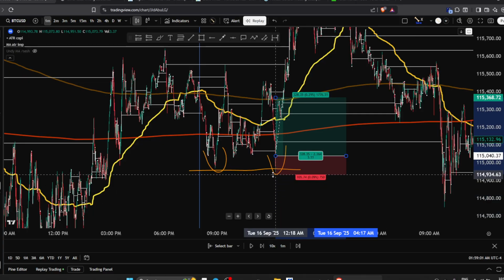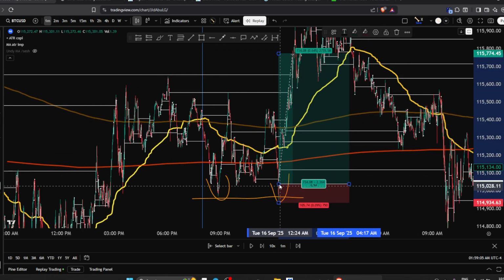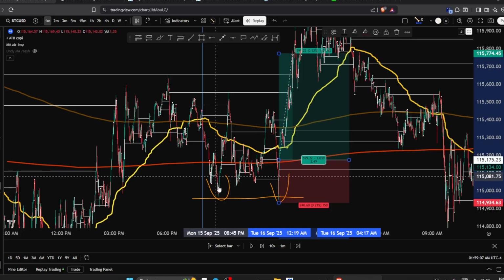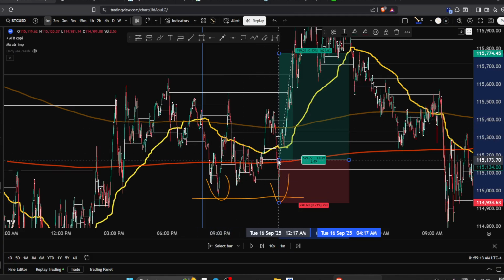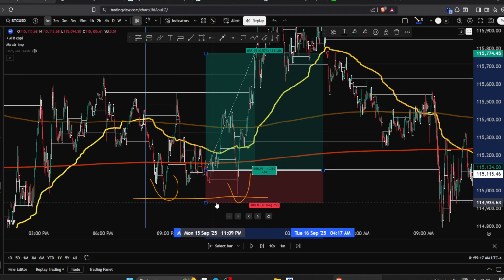This is how people trade. They're saying, oh, there's a bottom here. If it comes down to this level again, I'm going to buy here. So there's a whole bunch of people buying here with their stop losses down here.